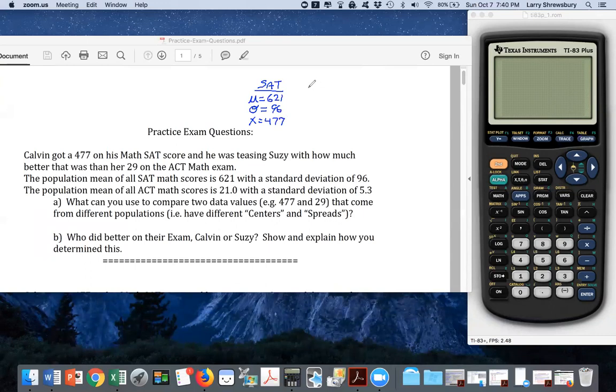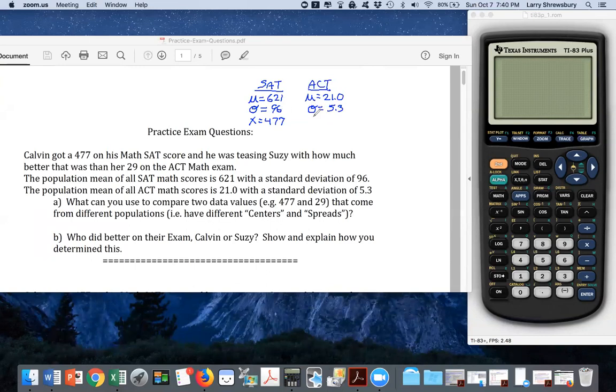Now for the ACT exam, we see that the population mean is 21.0. That's very different from the one over here. The standard deviation for this population is 5.3. That too is very different from over here.